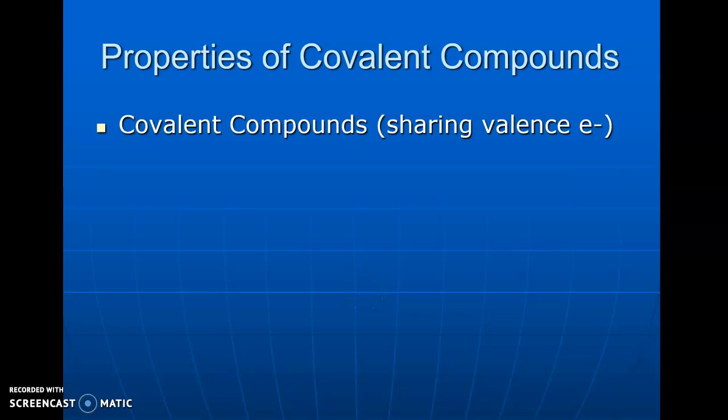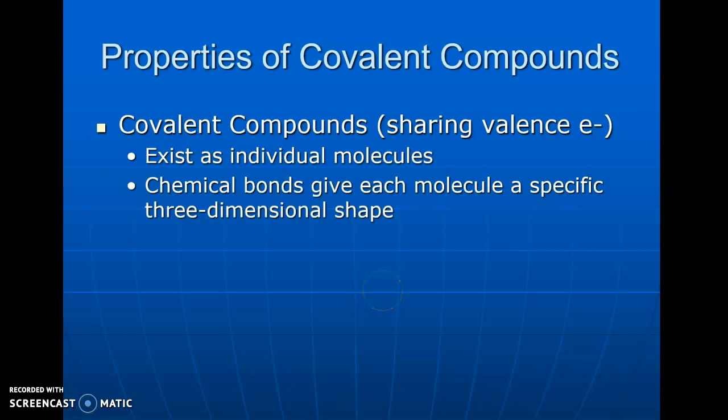So covalent bonds are always formed by sharing valence electrons, which means they actually exist as little bitty individual molecules. The way that the atoms interact with each other and bond together in sharing their electrons gives each one of these compounds a unique three-dimensional shape.